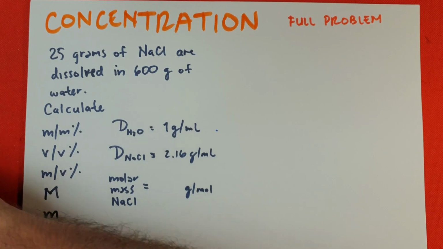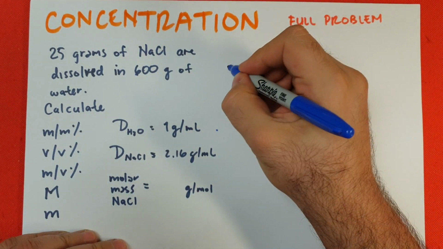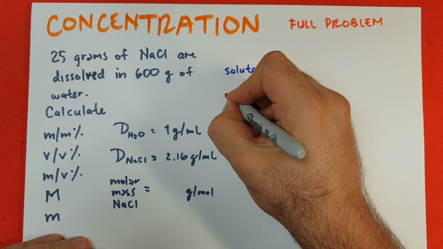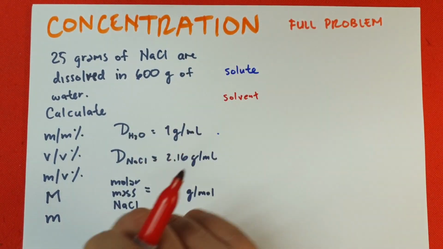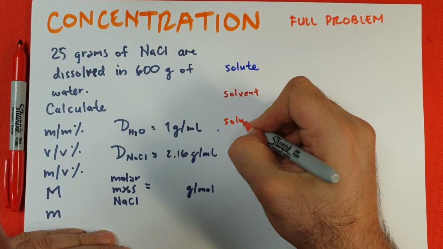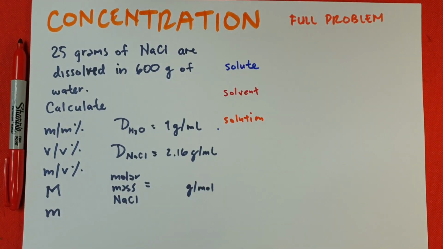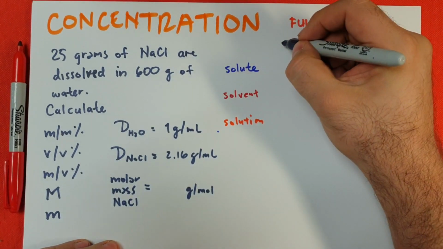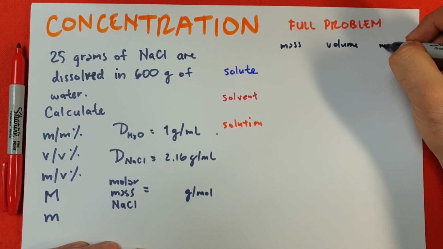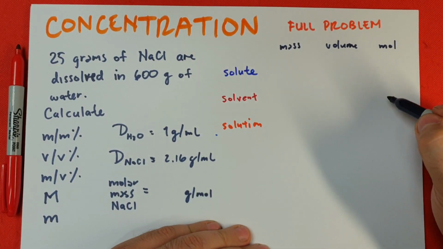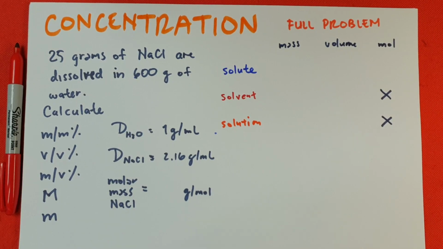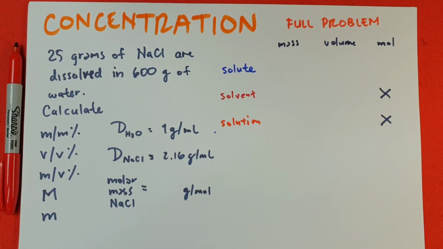We're going to write solute, solvent, and solution, and on the top columns, mass, volume, and last but not least, moles. We don't need the moles of solvent or the moles of solution, so we're going to fill this out as best as possible.